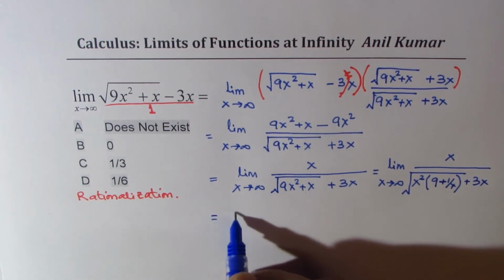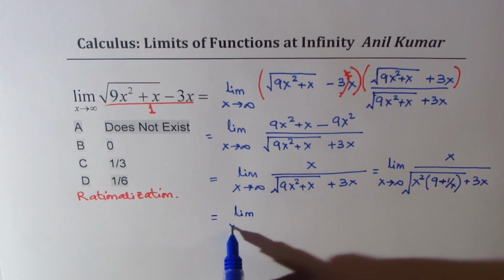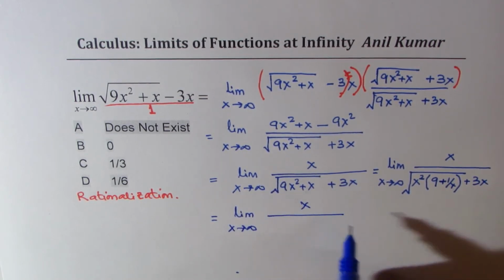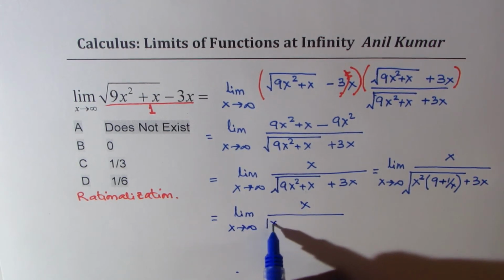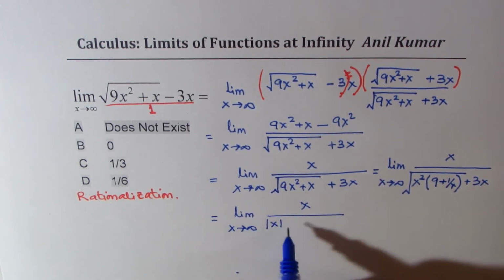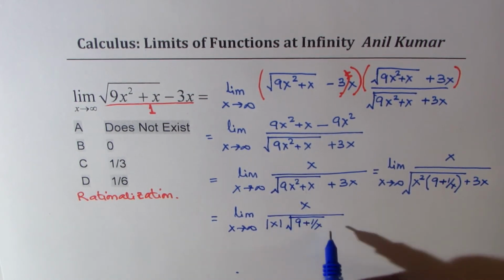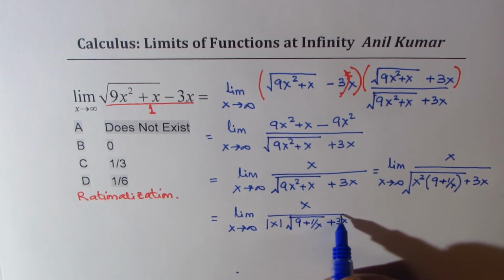So we should write this as limit x approaches infinity. Numerator has got just x. And here we have the absolute value of x. Within the square root, I have 9 plus 1 over x plus 3x.